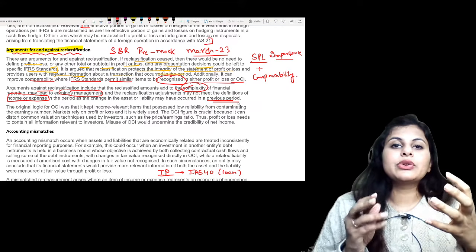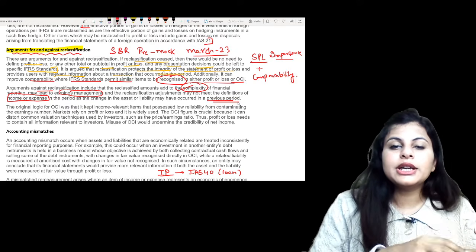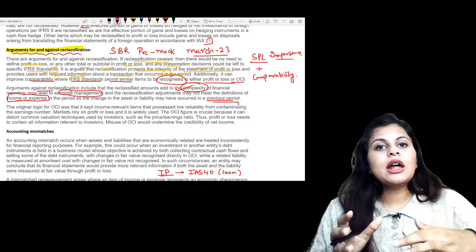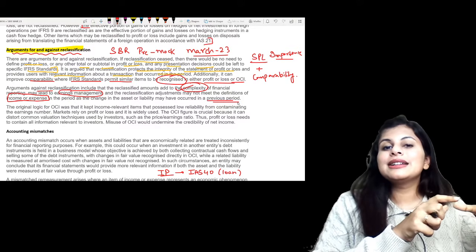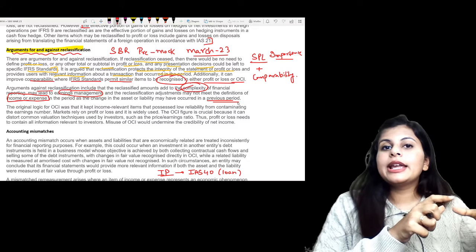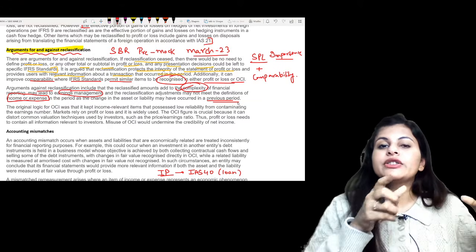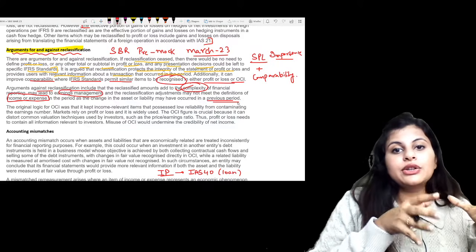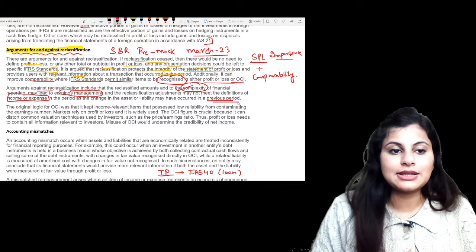That means there was a gain on retranslation of a foreign currency or a foreign subsidiary. You kept it in OCI. Then after 5 years, you're saying let's take it to P&L. Now that thing didn't happen. That gain that you're taking from OCI to P&L happened a few years ago. It is not that current year's gain. So that's what they are saying here, that it doesn't meet the definition of income or expense.